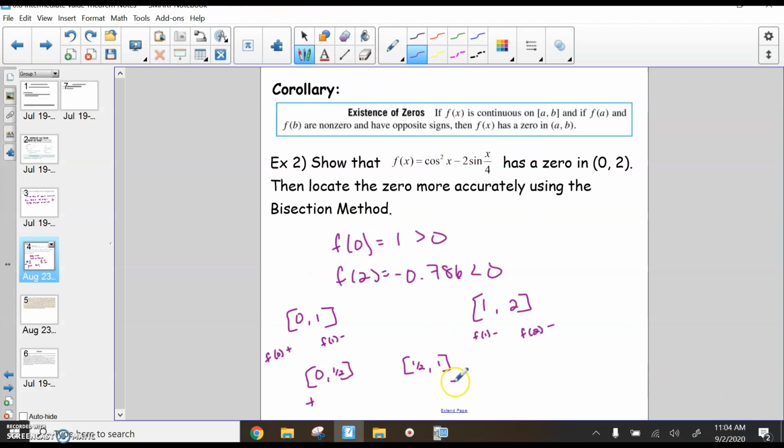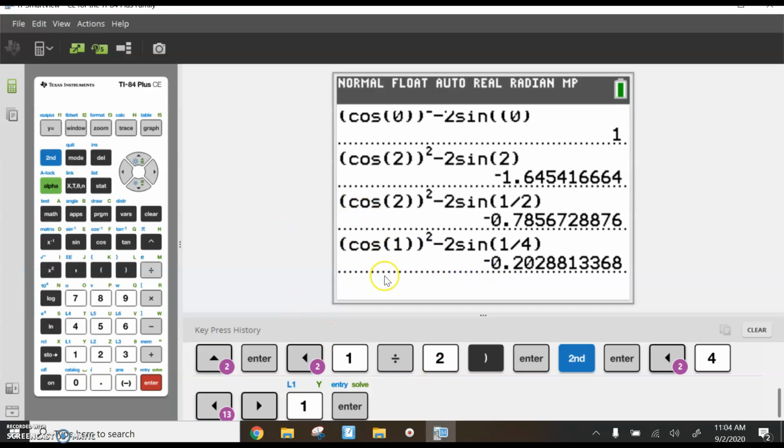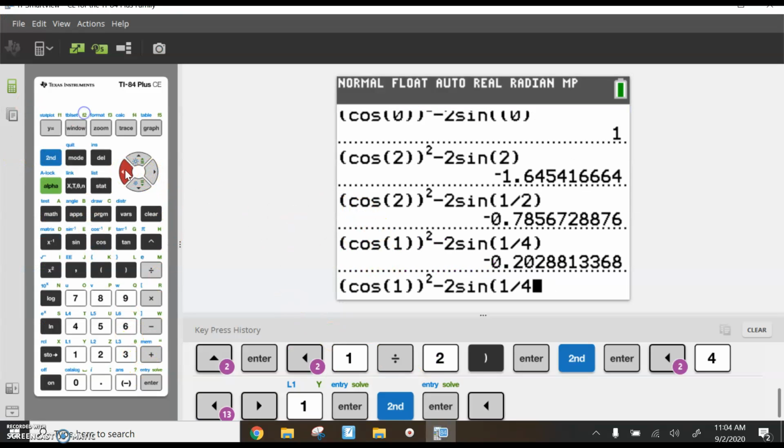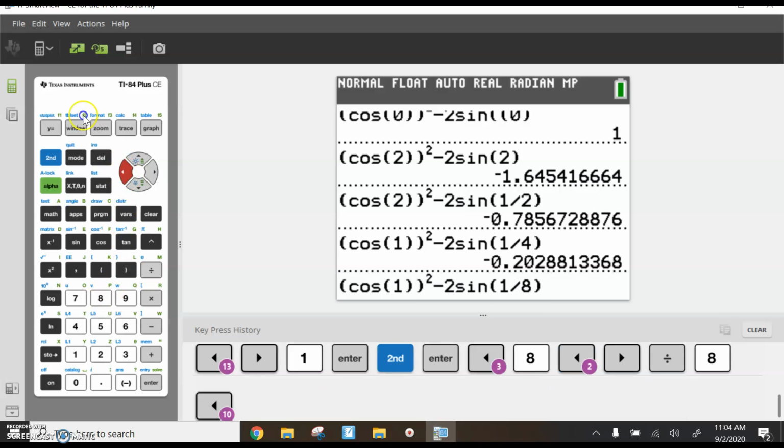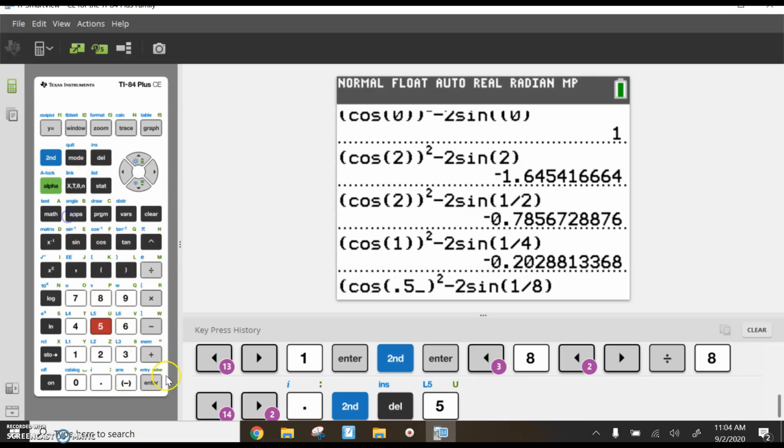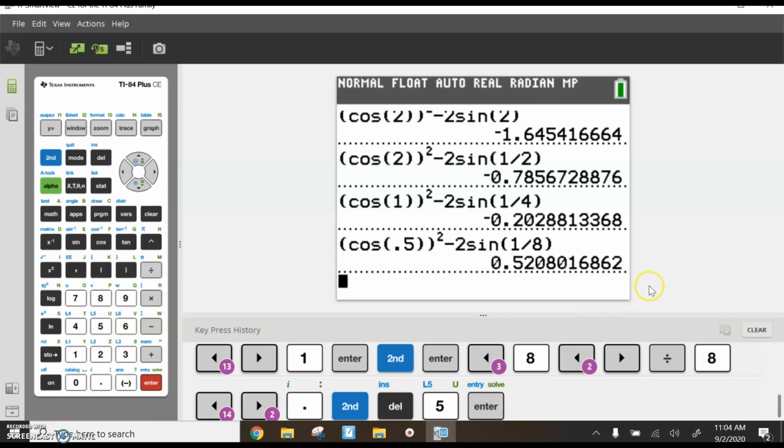I'm going to go back and plug in 1/2 now. So second entry, we're going to plug in 1/2, which makes this 1/8, and this makes this 1/2. So now that's positive.